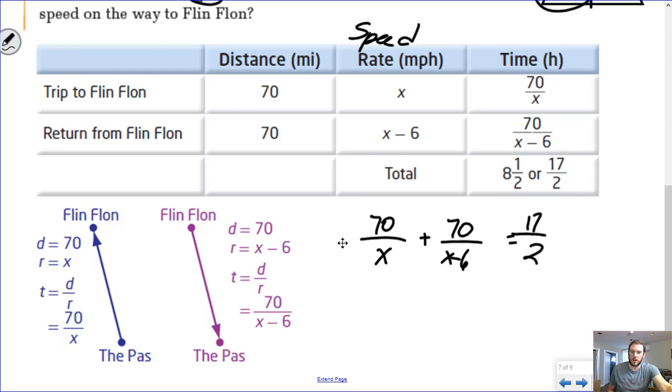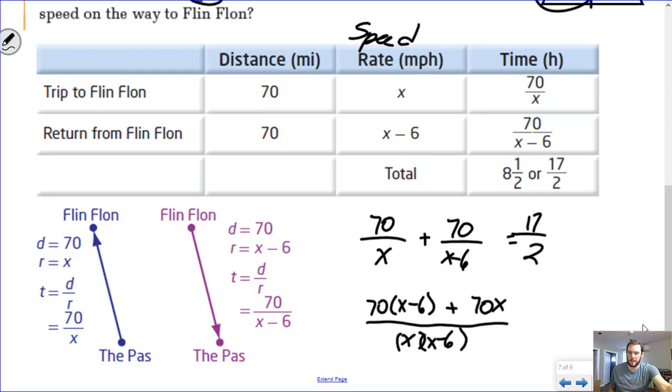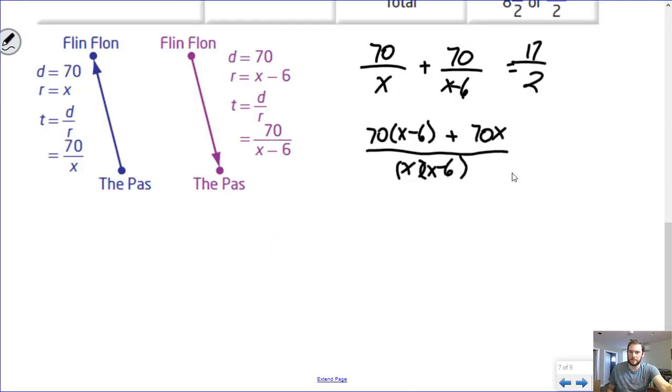So now common denominator, so 70 times x minus 6 plus 70x all over x times x minus 6, right? And this thing is going to be equal to 17 over 2.